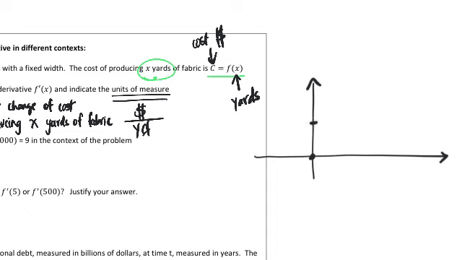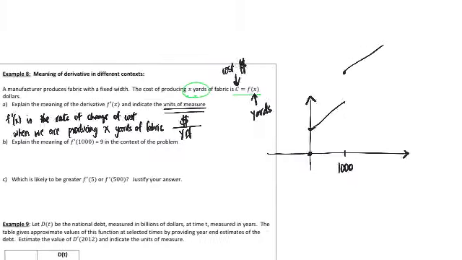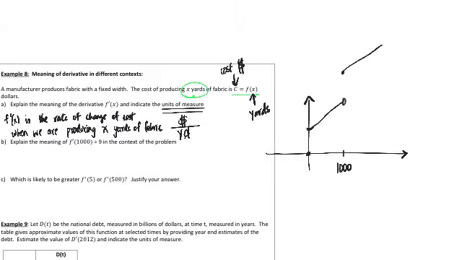So maybe the cost starts up here and it goes up linearly, and then once you produce a certain number of yards of fabric, maybe you have to put in a new machine, and then it goes like that. I'm not sure, I'm not an economist, but you might have some different cost function which depends on paying your workers, building your machines, buying the raw materials for producing the fabric, etc., right?